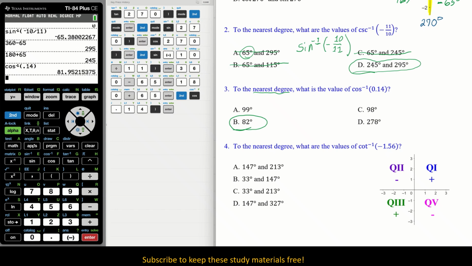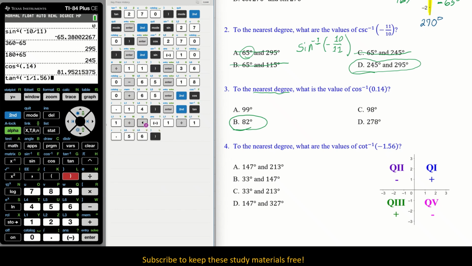So we'll just go ahead and say second tangent, and then 1 divided by, oh, we could put the negative. No, I don't like doing that. Sometimes that gives me an error. Negative 1 divided by 1.56. And then I put the negative on the numerator just for order of operation safety's sake. I don't know why, but there's a couple of places where it's giving me a hard time, and I'd rather that not happen right now. Okay, let's push enter. And that is negative 32. If we round, we can round to 33.